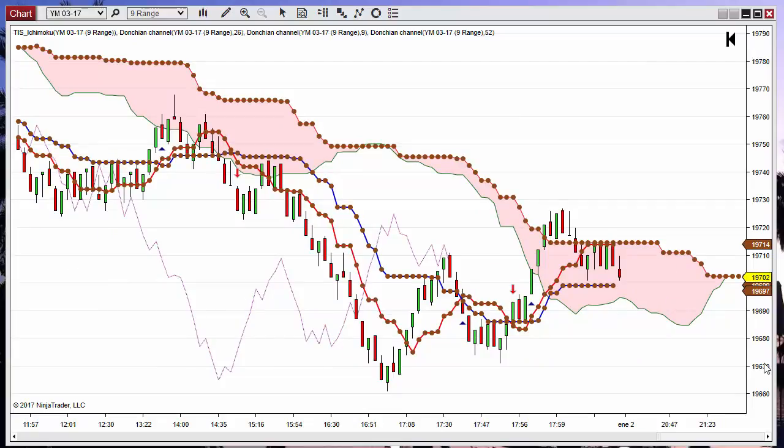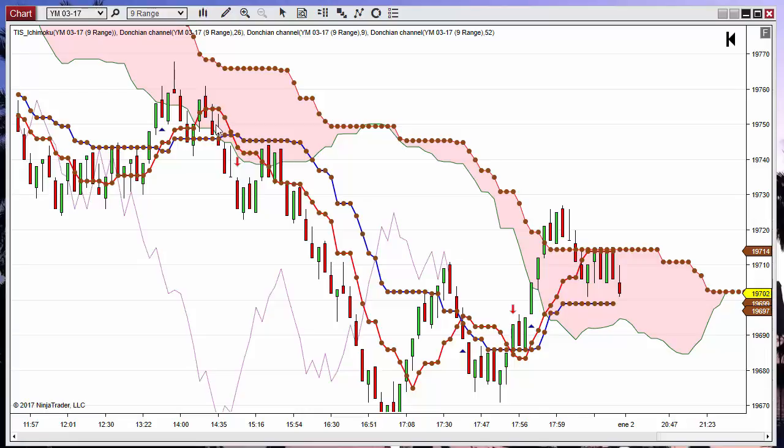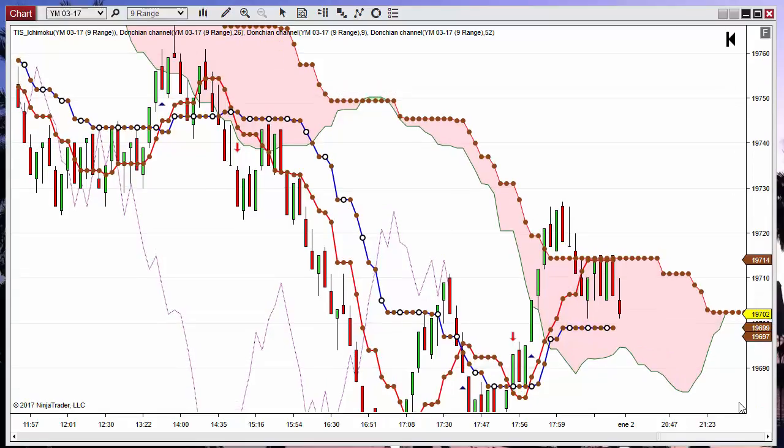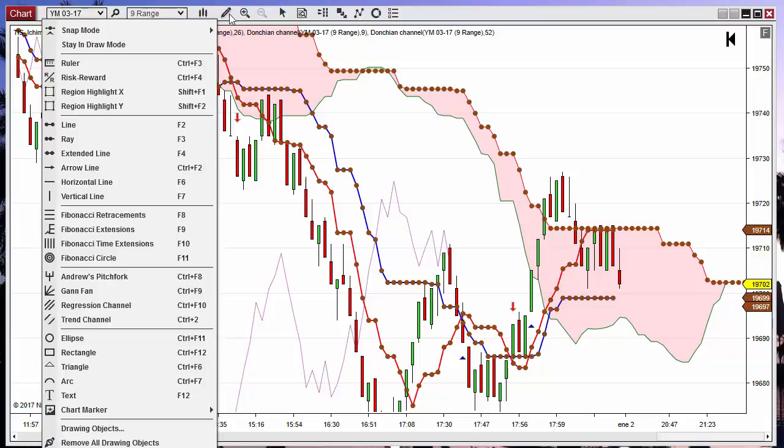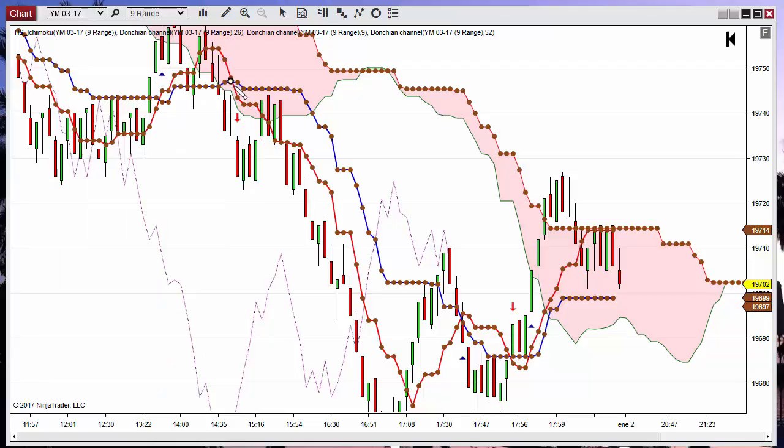The other side of the cloud is a little more complicated because it is the average between the first two lines and also displaced 26 bars to the right. Let's make an example. Here we have a cross, so the average between two lines is in the middle of the cross.